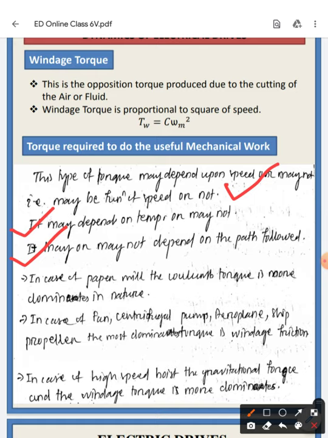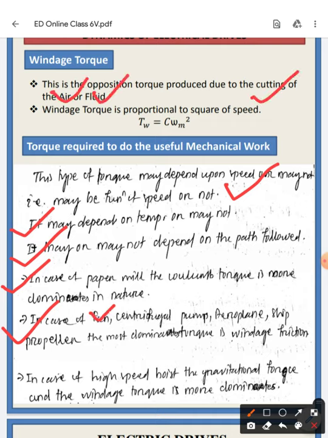In case of paper mill, the Coulomb torque is more dominant in nature. In case of fan, centrifugal pumps, aeroplanes and sea propeller, the most dominating torque is your Windage torque. Windage torque is the torque produced due to the cutting of air or fluid.